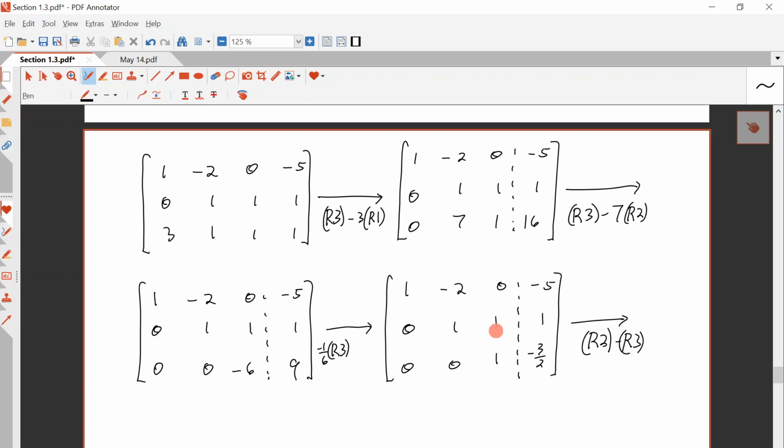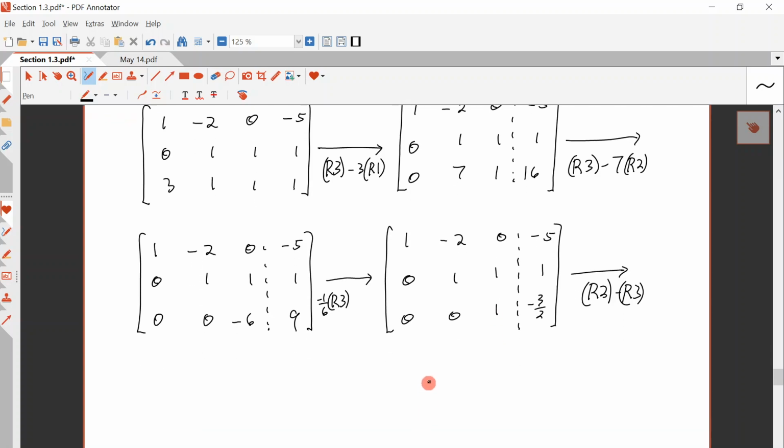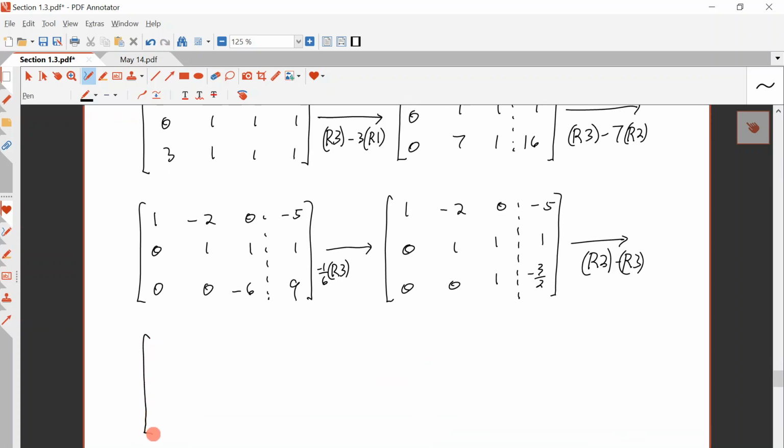Now I want to get reduced row echelon form, so that every column with a leading coefficient has exactly one non-zero entry. All right, so this is 1, 0, 0. This is okay. Now I want to get a 0 here and a 0 here, and this one's already 0. So you have to start with subtracting row 3 from row 2, leaving row 1 alone at the moment.